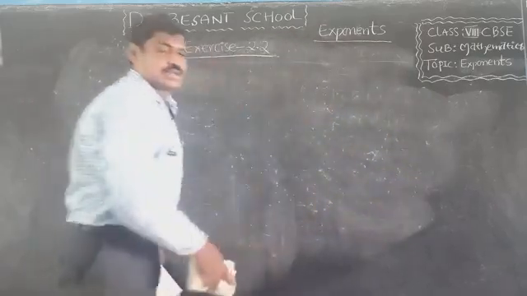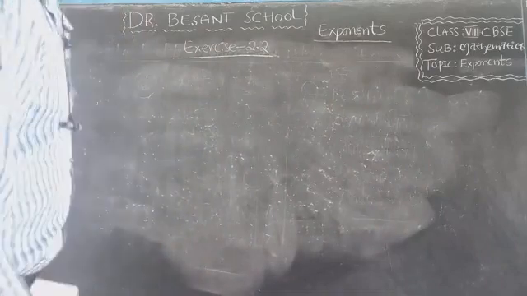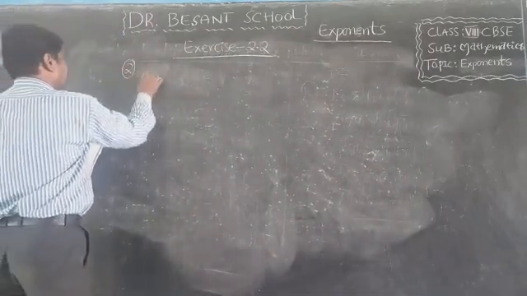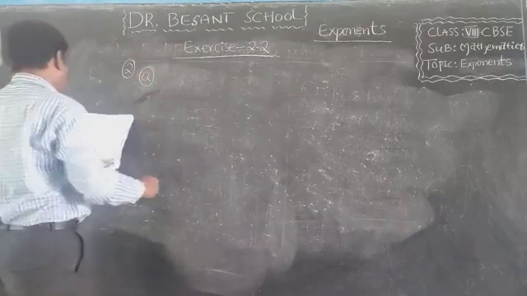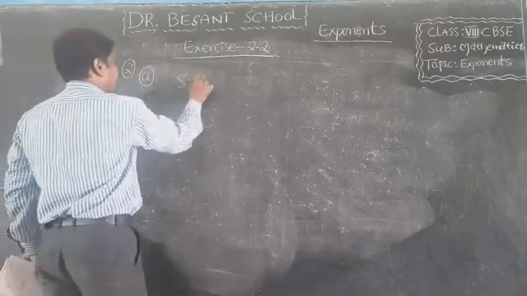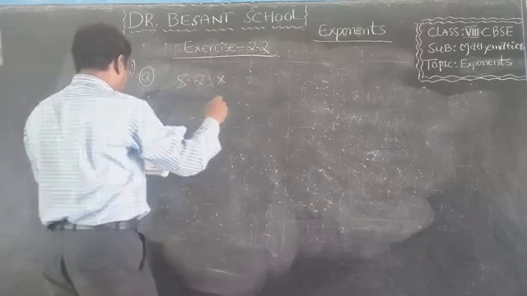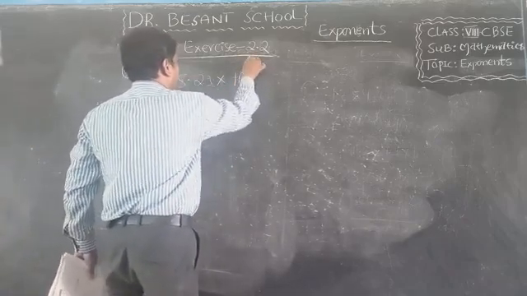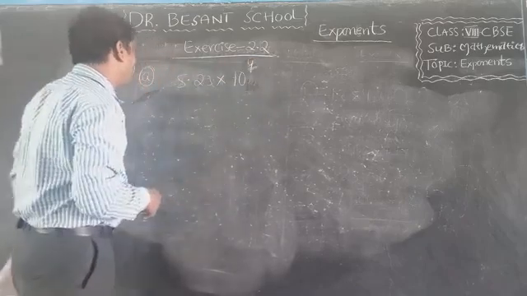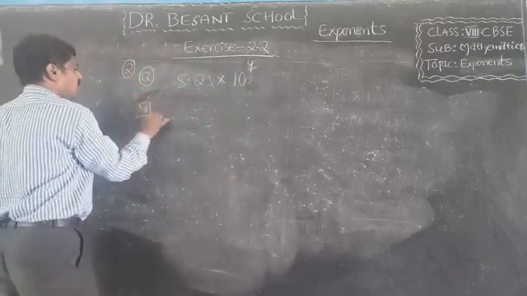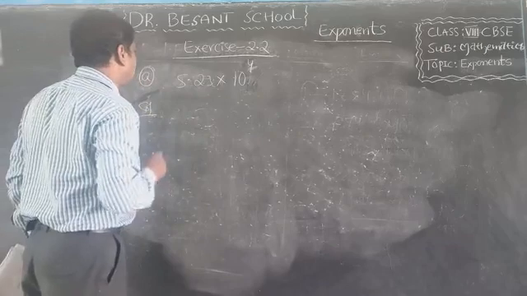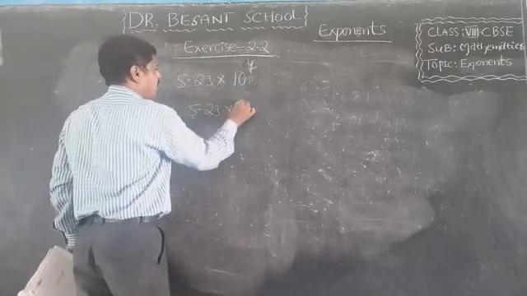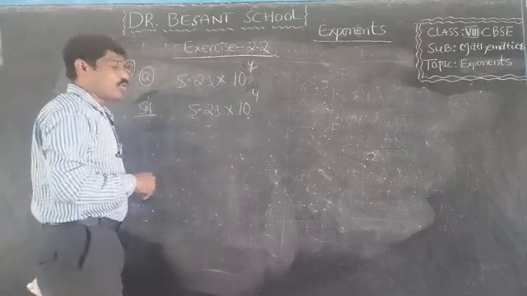Children, second Roman: 5.23 into 10 power 4. Observe here, 5.23 into 10 power 4.